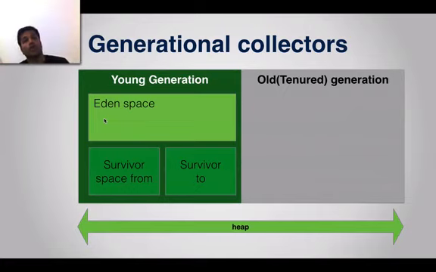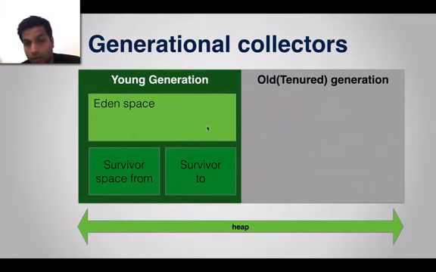Then there are the survivor spaces. Suppose objects are allocated in the Eden space and the Eden space becomes full. That means whenever you call something like new HashMap next time, you don't have any more Eden space to create that HashMap. That is the time a minor garbage collection kicks in and cleans up the Eden space of all unreachable objects.